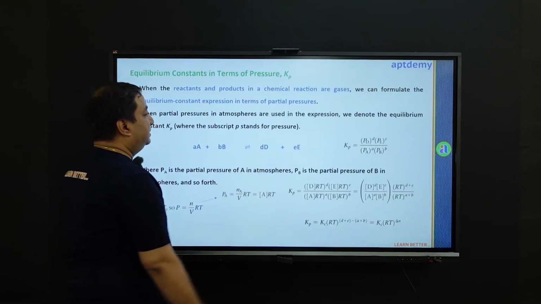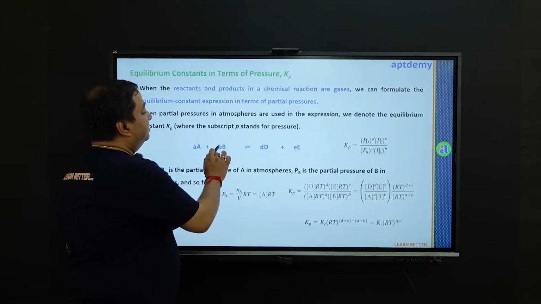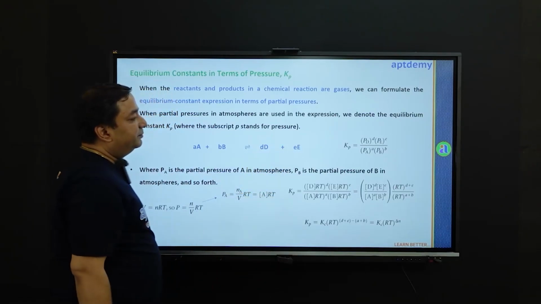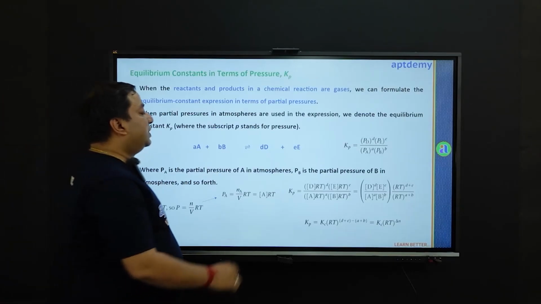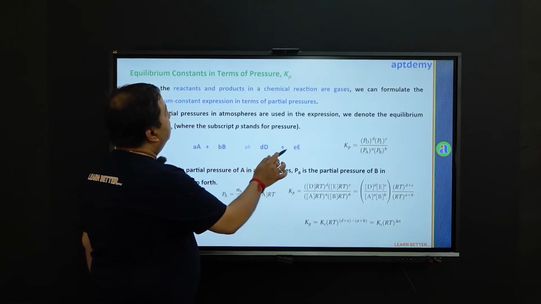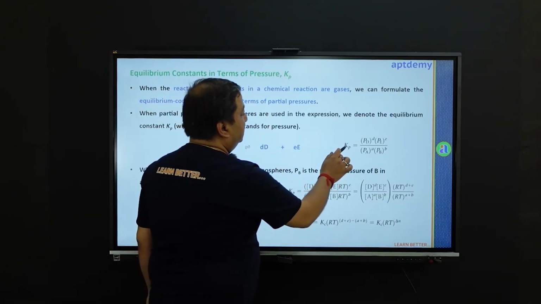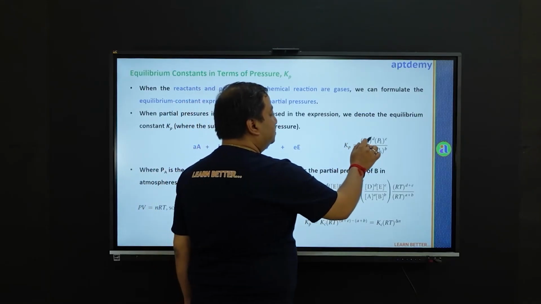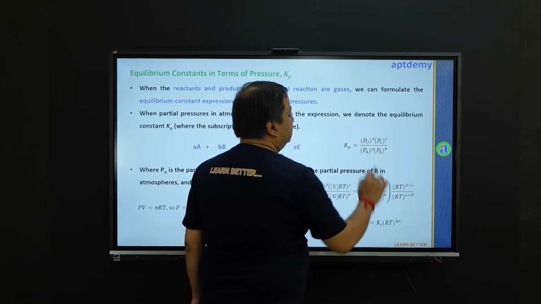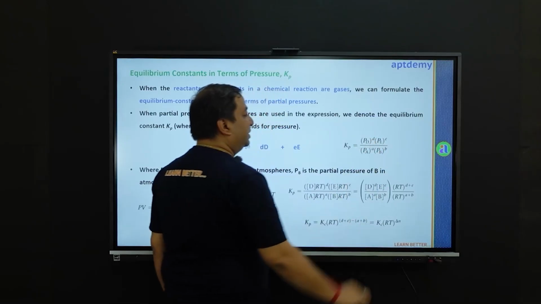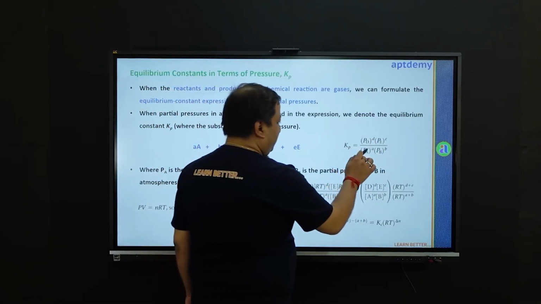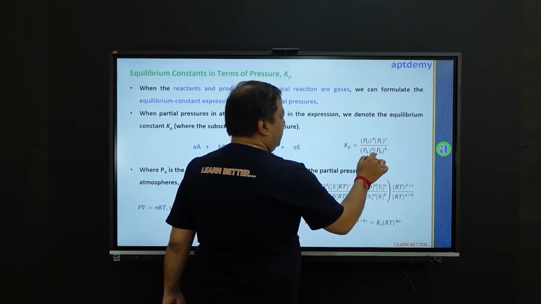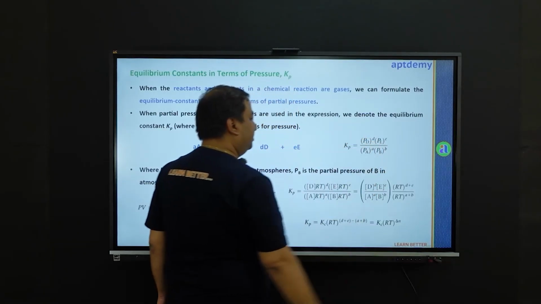Again we take the equation: a moles of A combining with b moles of B, forming d moles of D and e moles of E. If we want to write the equilibrium constant in terms of pressure, Kp equals the partial pressure of gas D raised to the power d times the partial pressure of gas E raised to the power e, divided by the partial pressure of gas A, on the reactant side, raised to the power a times the partial pressure of gas B raised to the power b.